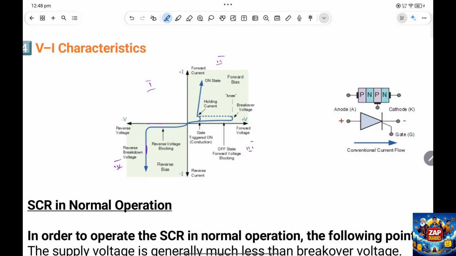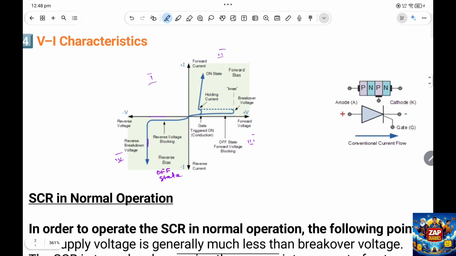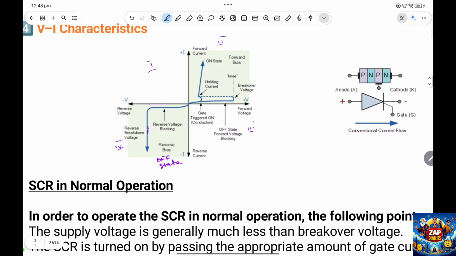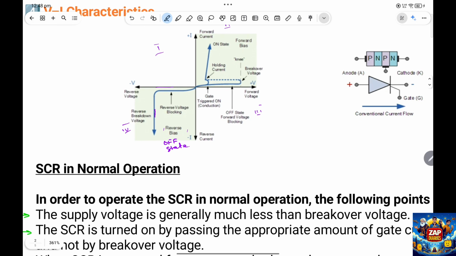So basically this fourth quadrant represents the off state, and the second quadrant shows the on state of the SCR. Okay, so from here the off state is generally reverse biased. What we mean by reverse biased is that this is actually in the off state. In the forward bias, the SCR is generally on.